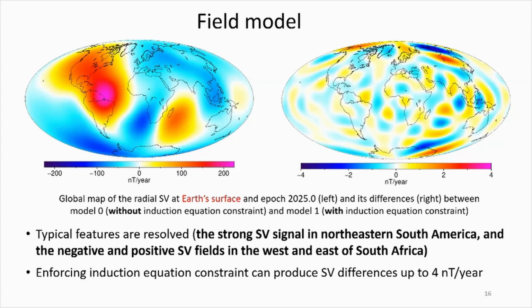It has strong SV signals in the north, eastern South America, and also negative and positive SV fields in the west and the east of South Africa. In the right panel, we see a distinct difference after enforcing the induction equation, and this is caused by the enforcement of the induction equation constraints.